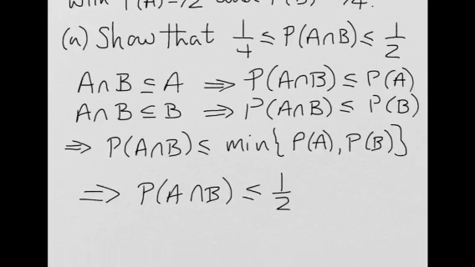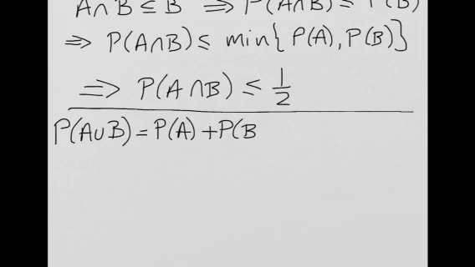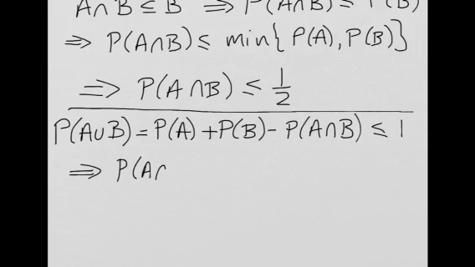The way to see this is to start with the addition formula, which states that the probability of A union B is equal to the probability of A plus the probability of B minus the probability of A intersect B. And of course the probability of any event, including the event A union B, can't be greater than 1.